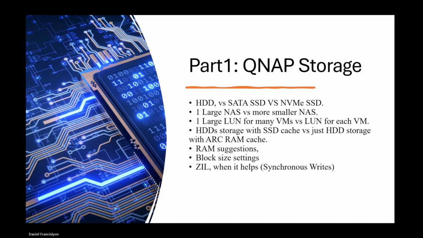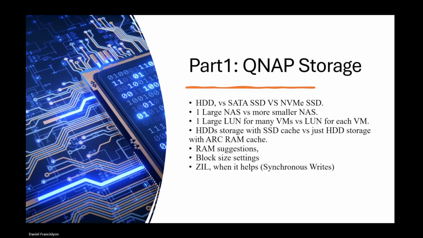If you have two NAS, now you have two NAS worth of performance. You have four NAS, you have four NAS worth of performance. You need at least one LUN on each NAS, but you can split up many LUNs on as many NAS as you want, and more NAS generally do give more performance. So it really depends on the level of performance you need for your use case, how many NAS you want to have, and HDD or SSD storage.